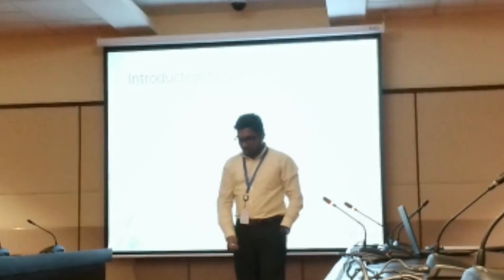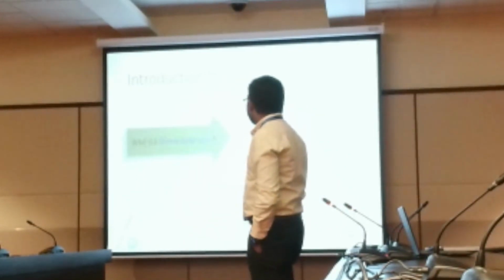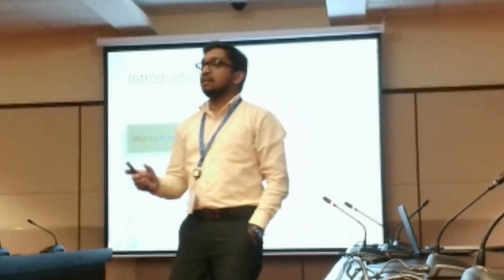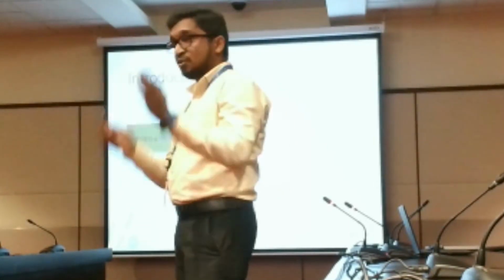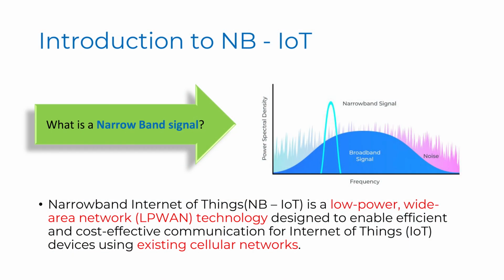Now let's talk about what NB-IoT actually is. First of all, I would like to talk about what is meant by bandwidth in a channel. Bandwidth in a channel is the range of frequencies that is used by a communication channel, based on the size of the frequency used. Basically, we can categorize these signals into two parts.